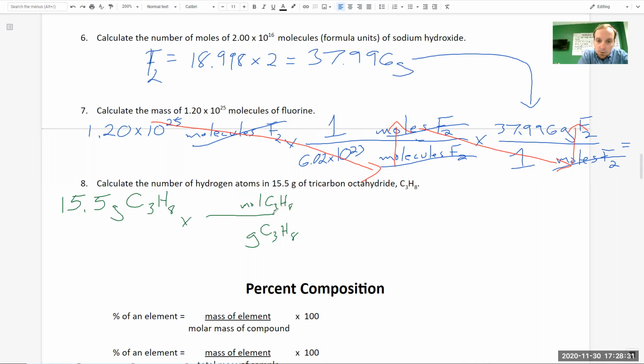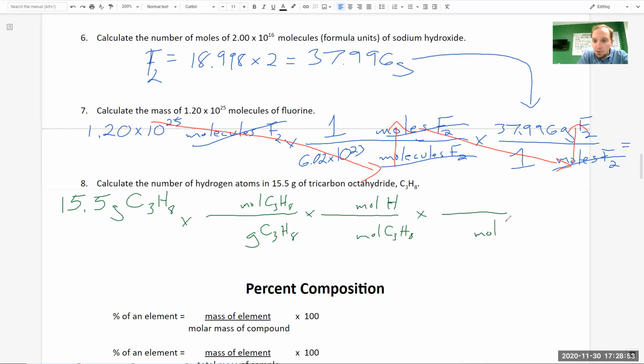When we do that, we're going to do another step, and we're going to go from moles of C3H8 into moles of hydrogen. We're splitting from the C3H8 into specifically just H. Finally, we're going to need another step.